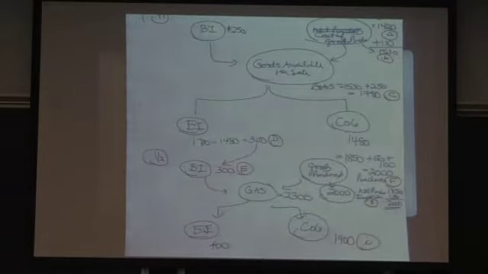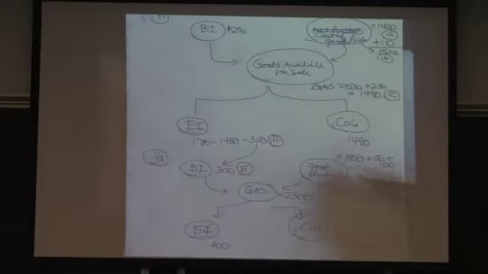So let's start again, right? My gross purchase was 2,000. I subtract $50, which is purchase discount and purchase allowance, to give me my net purchase of $1,850.